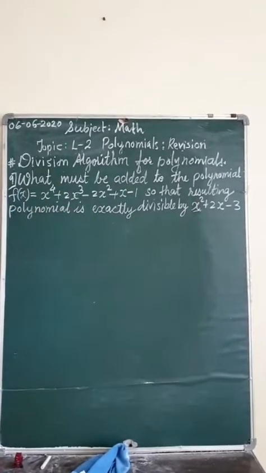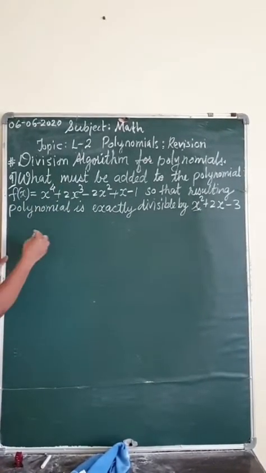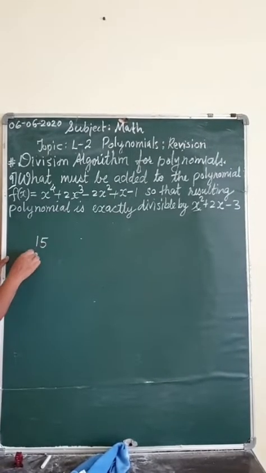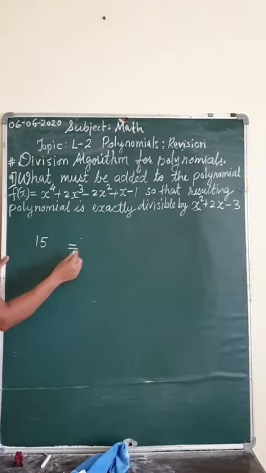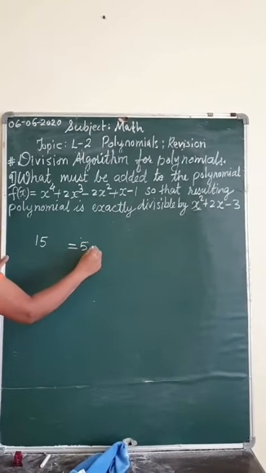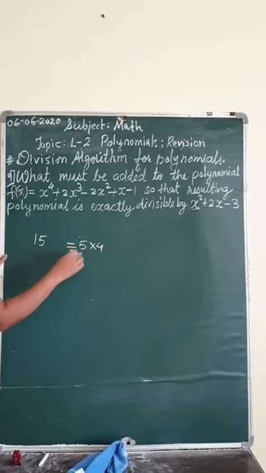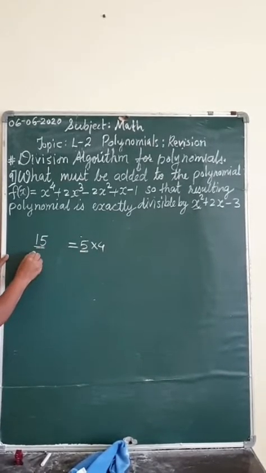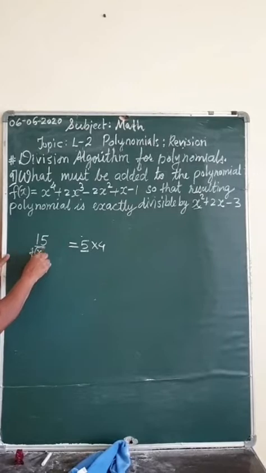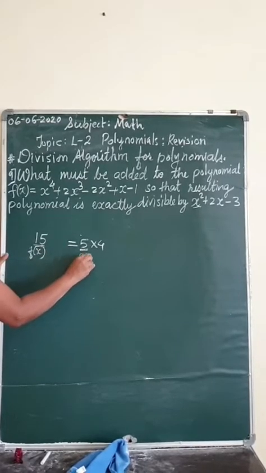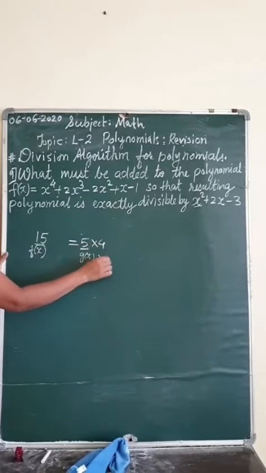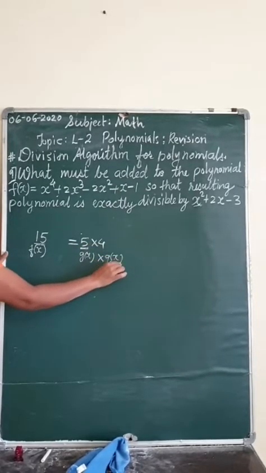It means, for example, let's take an example like 15. Number 15 is equal to 5 fours, and so on. So 15 is our f(x), 5 is our g(x), which is given here like this, and which is exactly divisible, giving us q(x).